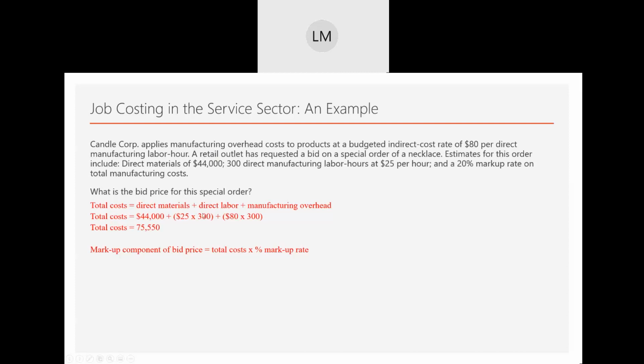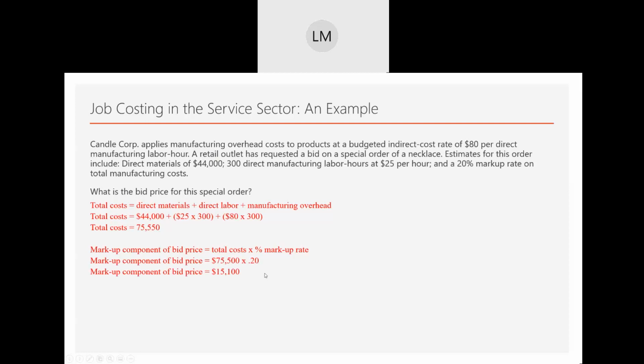What is my markup rate? Well, we were told in the problem that we have a 20% markup rate on total manufacturing costs. So I'll take my total cost of $75,550, multiply that by 20%, and that will give me the amount of markup that I would want on top of my costs to come up with the bid price.